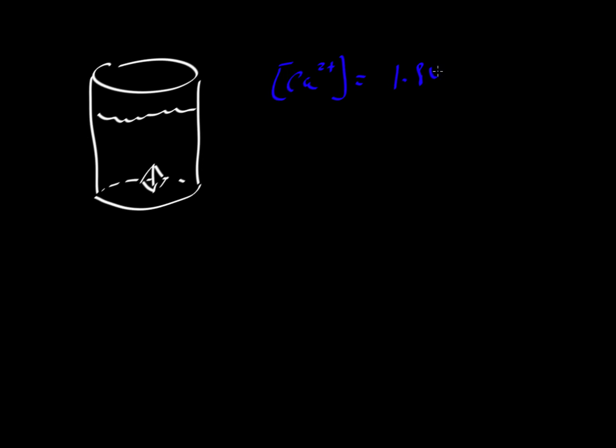Here is our glass of water, and we have a little octahedron of fluorite sitting down at the bottom of that glass of water. So what would be the concentration of the various ions? For calcium ion in aqueous solution, we've just calculated the concentration would be 1.845 times 10 to the minus 4 moles per liter.